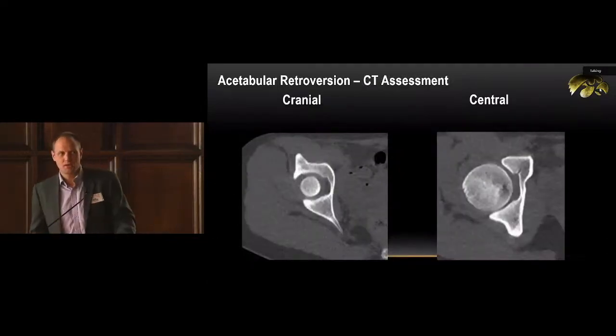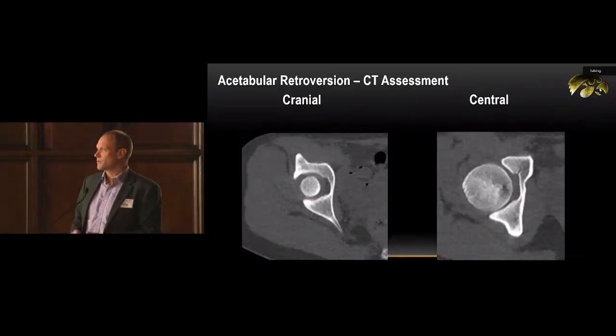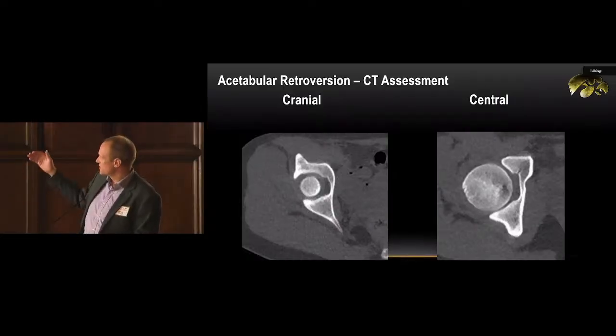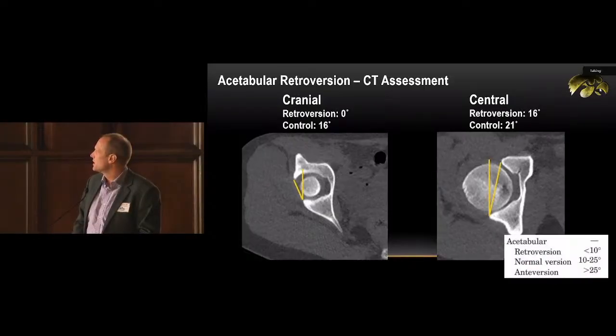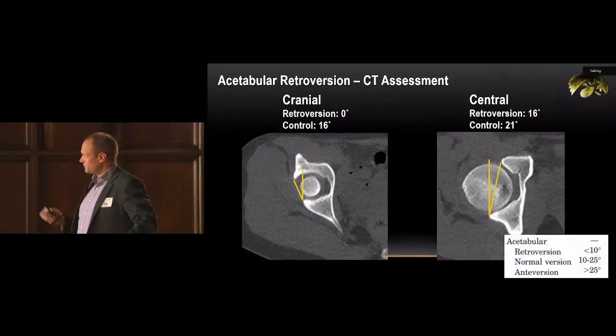On the CT scan, we also measure acetabular retroversion at multiple levels, but specifically cranial and central. So these are the axial cuts of that 16-year-old that I presented. And you can see that she has retroversion cranially and low version with posterior wall deficiency centrally.